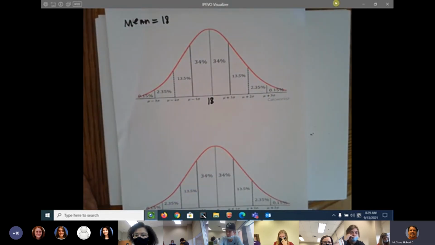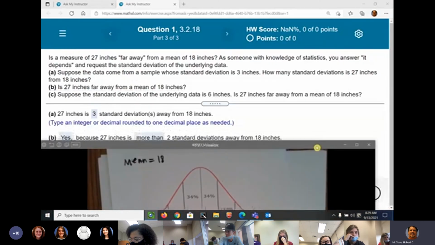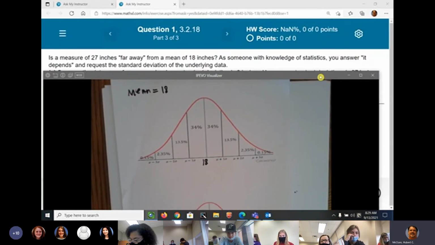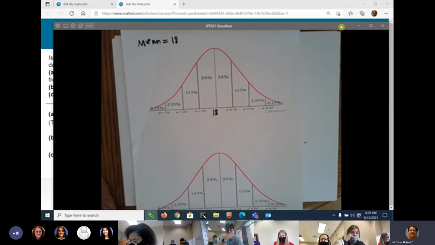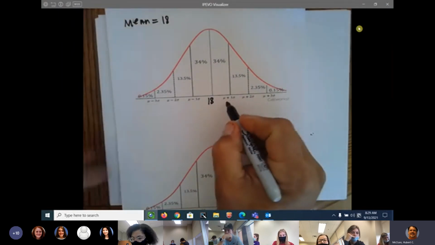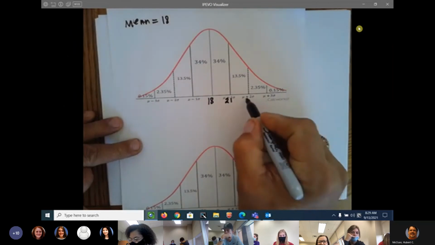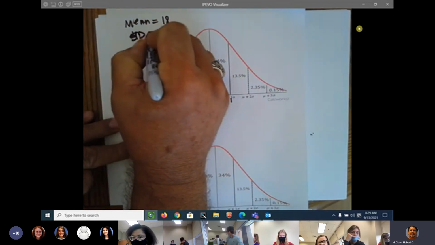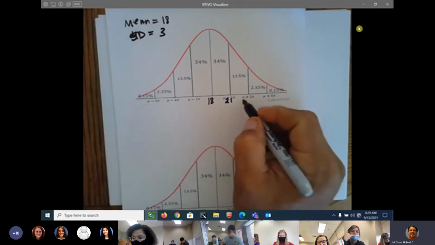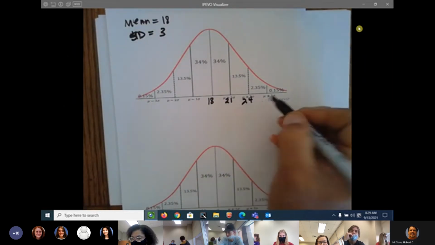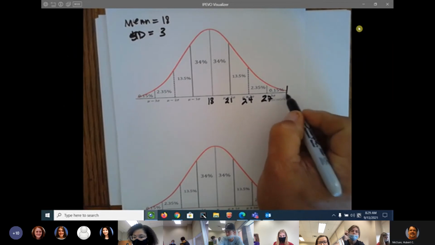Okay, let's see what A says. A is standard deviation is 3, so it's the same question, except it's going to ask something different. So that's going to be 21. Mean is 18, our standard deviation is equal to 3. 21, 24, 27, 30.